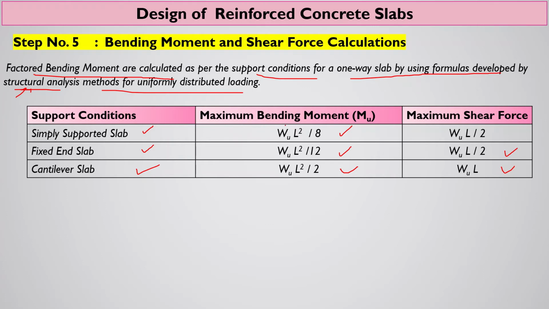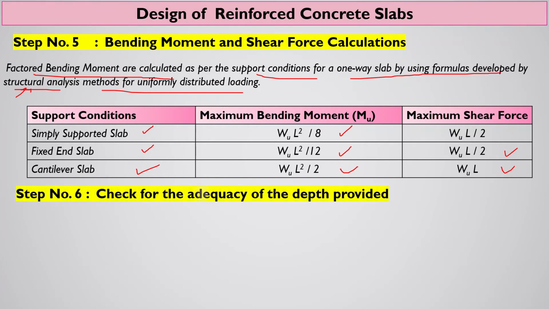So this will be the maximum factored bending moment, because while calculating W, we have already taken partial safety factor. So here we will not be using any partial safety factor. Whatever value you are getting from this table will be the maximum factored bending moment for which we have to design the slab.